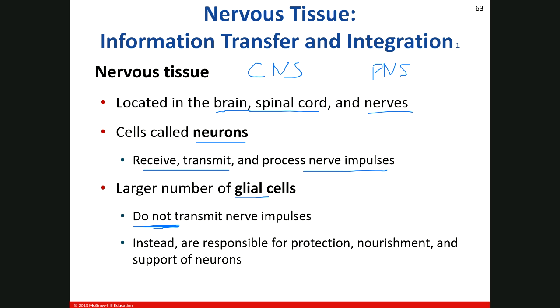They'll protect the neuron, they will provide it with any nutrition or sustenance, and they also help to support the neurons, because sometimes neurons get damaged. Don't worry, the glial cells will help to repair the damage, so the neuron can actually return back to its normal function. So again, you do need to know about the glial cells, but we're going to spend more time talking about the neurons.